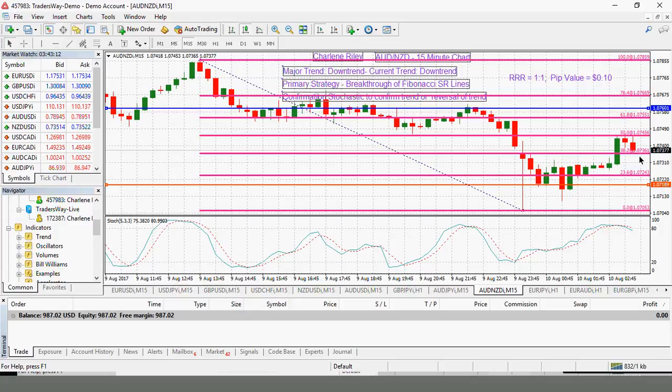Once we have a confirmed breakthrough, I'll be looking to enter into a sell because the stochastic had entered into the overbought condition, and now we've had the signal in the main cross. That's an indicator of reversal to a downtrend. So that's what I'm looking for, and I'm keeping an eye on the stochastic as it goes down further to provide further confirmation.